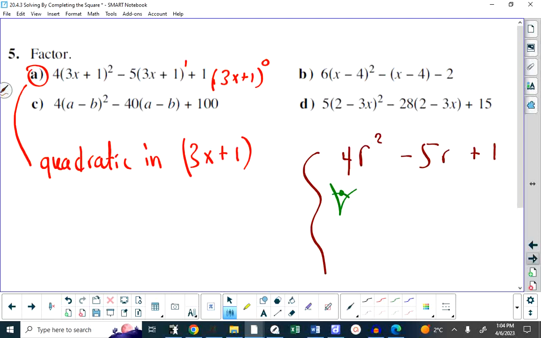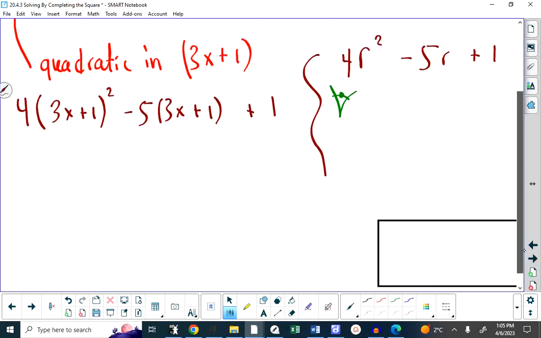We have, I want to rewrite it, 4 times 3x plus 1 quantity squared minus 5 times 3x plus 1, and then plus 1. We would suspect, well, first of all, it must be 1 and 1. In fact, going even further, it has to be negative 1 and negative 1, because we're getting a positive 1 for the product, but we have negative outer and inner terms because that middle term is negative.